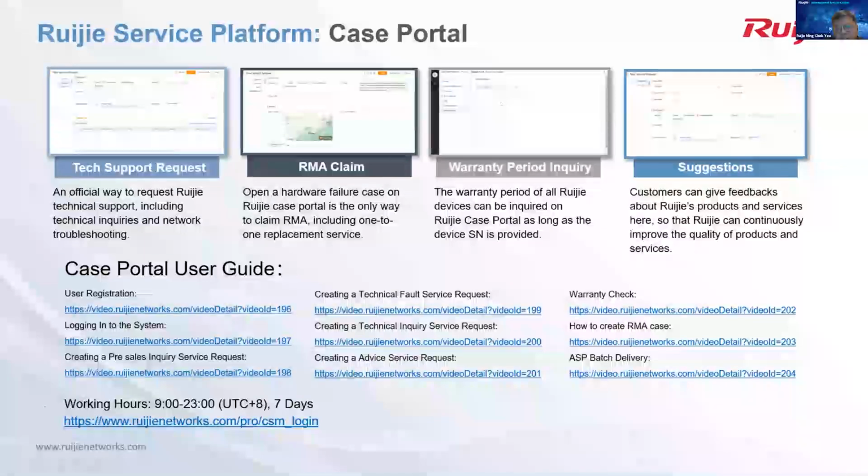Okay, the validity of your device warranty. Okay. And the fourth part will be suggestion. We do accept any feedback or suggestion from you. Then we can improve our product and also our service. You can do your suggestion inside our case portal.